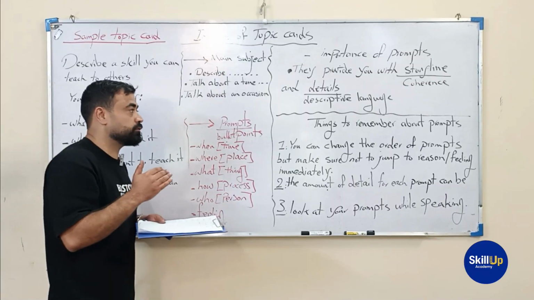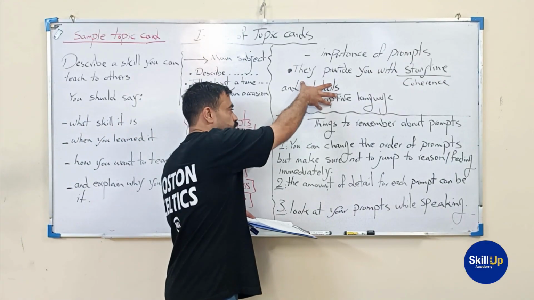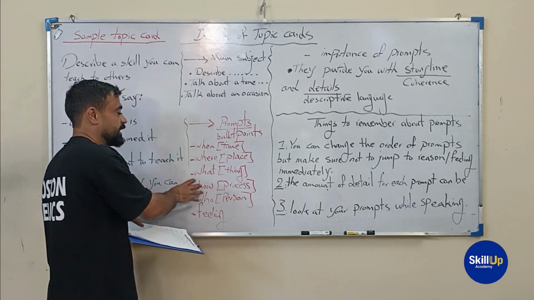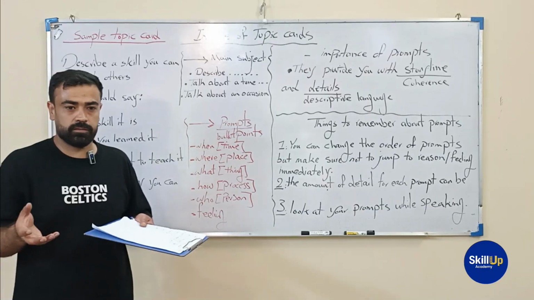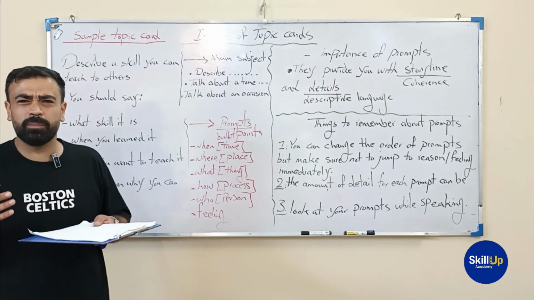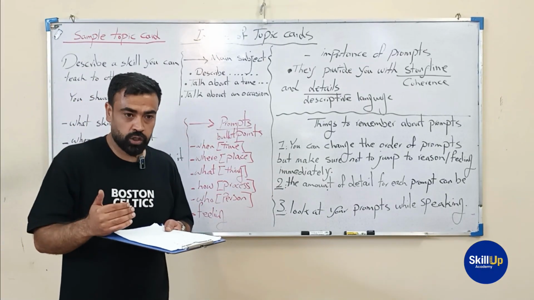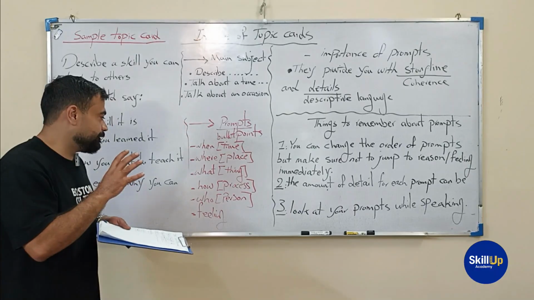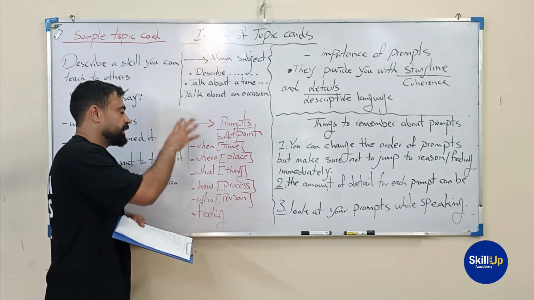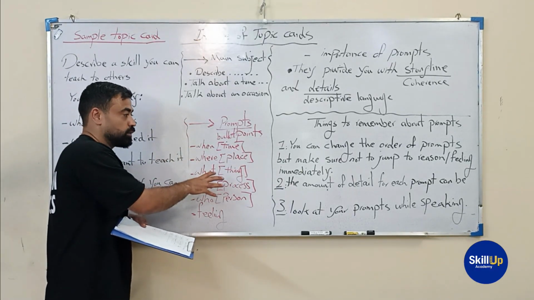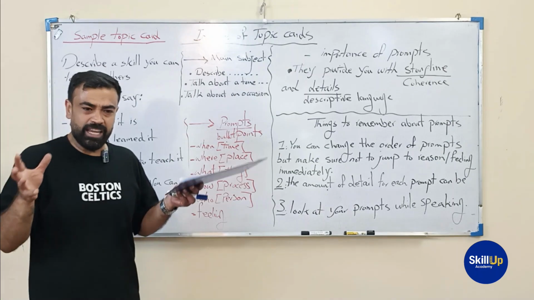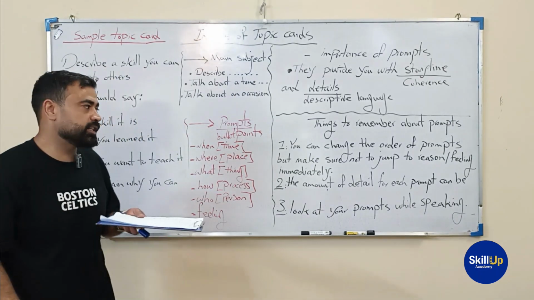And also, it is worth mentioning that by using these prompts while you're speaking, you have details. Most of the students have this problem that their talks are short. Okay, but when you think carefully about them, and when you include these prompts in your talk, you will have enough details in order to continue that.